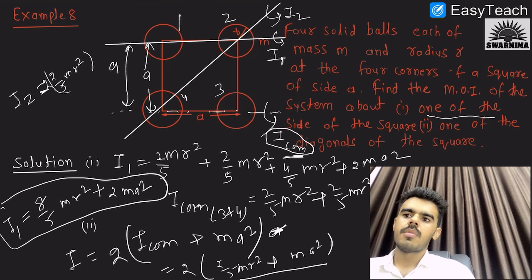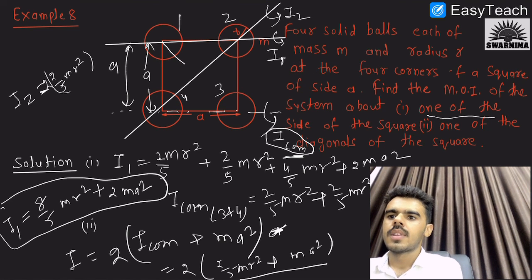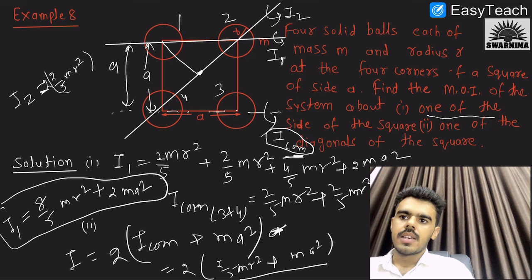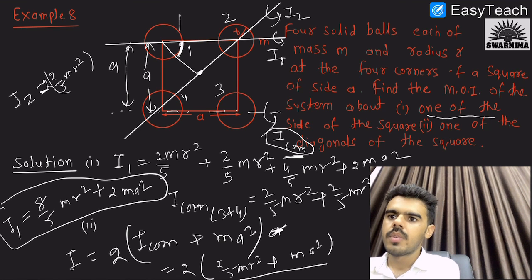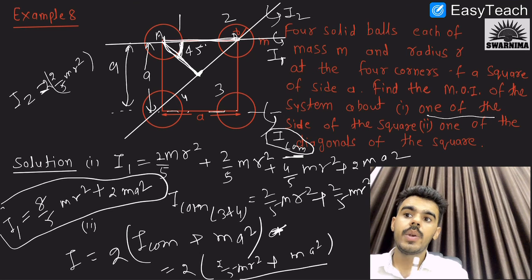And if we talk about balls number 3 and 1, then we know that this distance is equal to A by root 2, because this angle is 45 degrees and this distance is AB, so AB into cos 45.